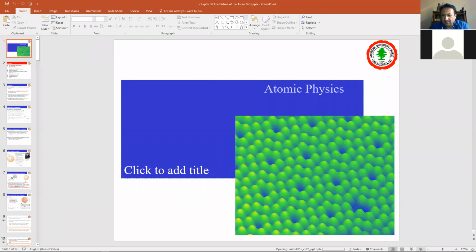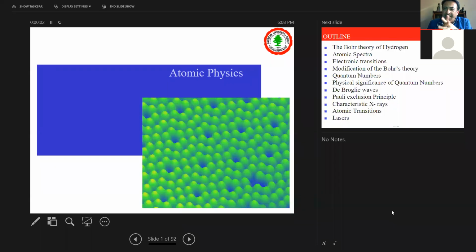Okay. So, if you recall, in the last chapter we discussed the issues which really cannot be explained using classical mechanics. When we say classical, it means classical Newtonian mechanics.